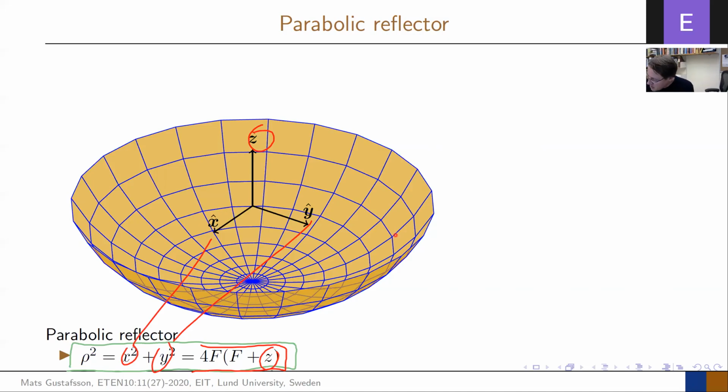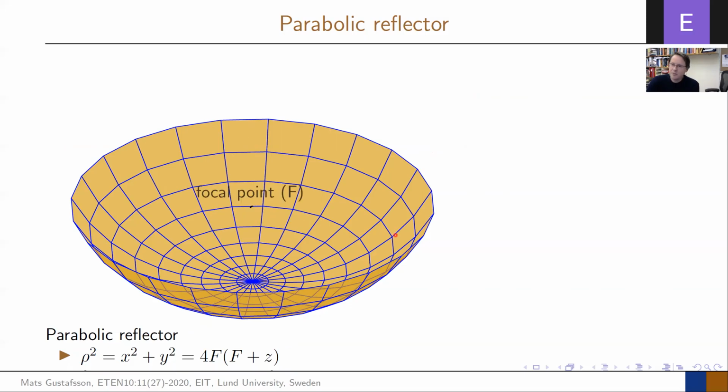So you get some shape that comes out here, and this is a second order equation, the parabolic equation. It has some unique features that are really good, and that's why it's used a lot in optics, and for antennas and reflectors.